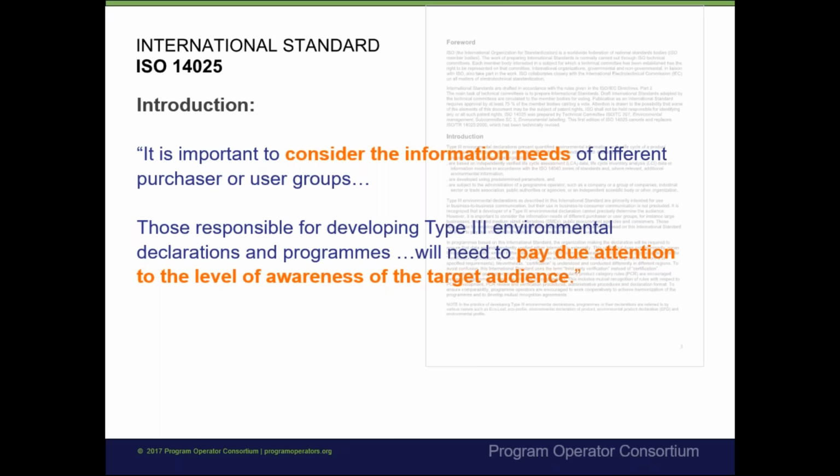So considering the information needs of those people who are not technical experts and want to make decisions about products really informs a different kind of perspective on the standards and the rules and ultimately the reports that get delivered.